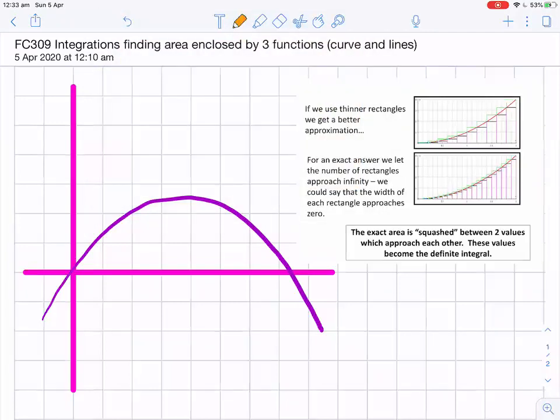So the area under this curve is the integral of y dx, or f of x dx. Why is it y dx?